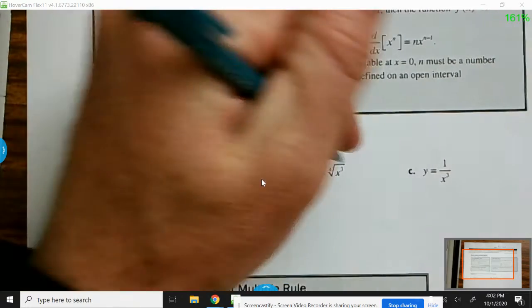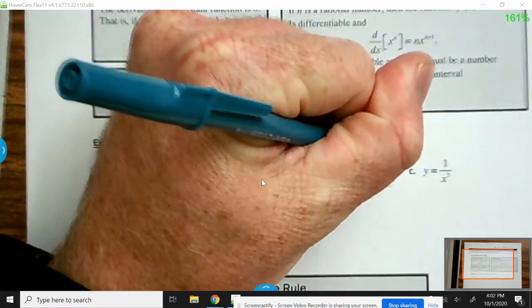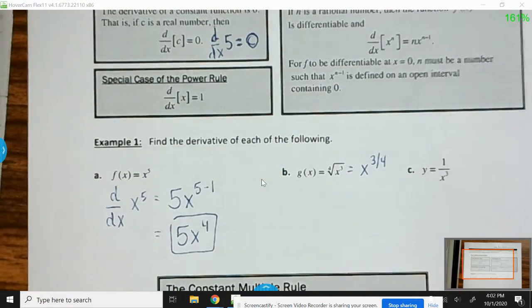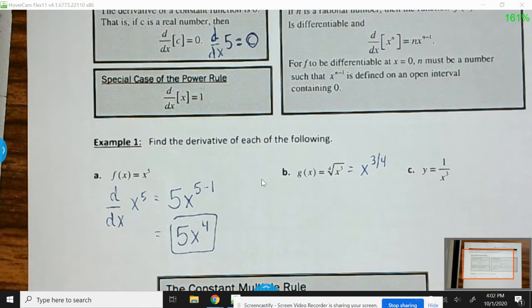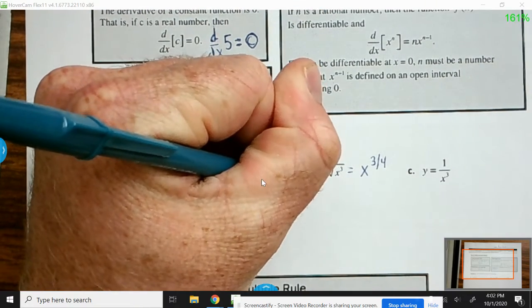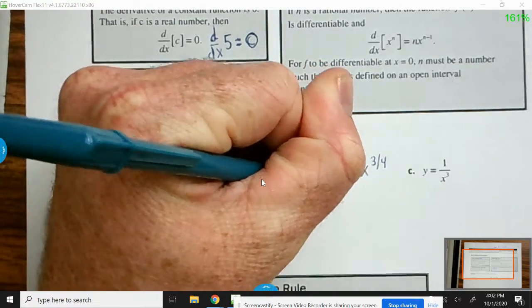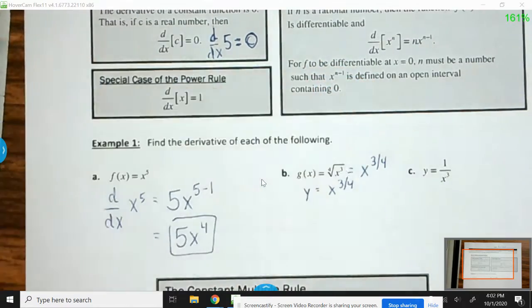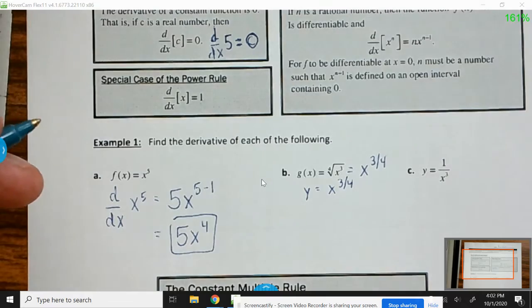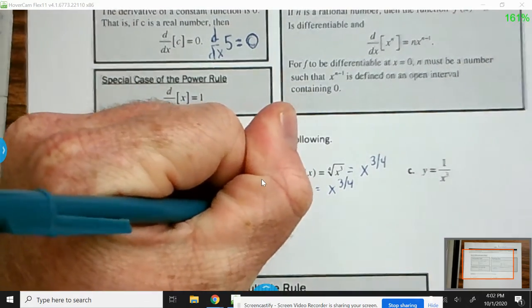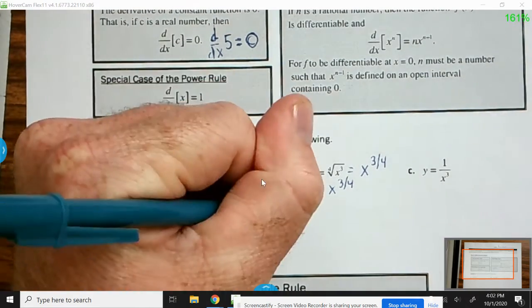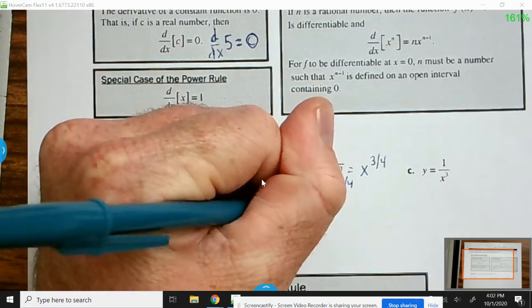Now, this one I'm going to rename x to the 3/4. And now I have to remember how some fractions work. The derivative of that function g of x with respect to x. Now, first of all, if I want to do this, I could say y is equal to x to the 3/4. Just to get kind of fancy with our notation, if I took the derivative of both sides, do that.